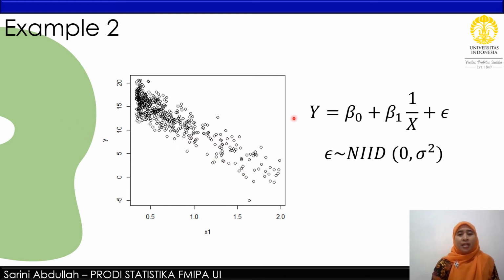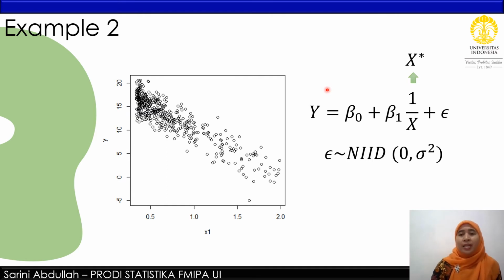So in this case, I'm trying to propose a model of this form represented by this formula. The question is, is this a linear model? Then again, we need to check the change of y whenever we change the predictor variable. Remember, I'm saying the predictor variable, not x.